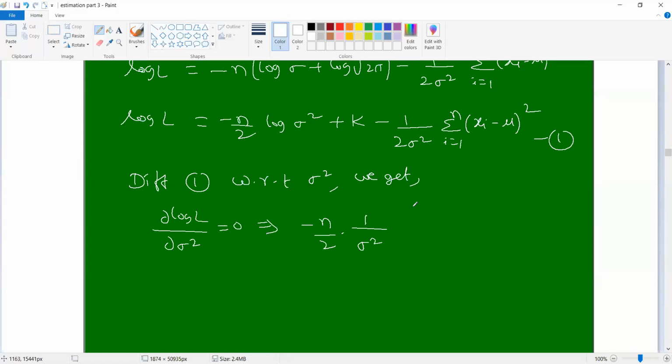Differentiation of the constant is 0. Minus, the summation i is equal to 1 to n xi minus mu whole square is purely constant, times 1 by 2, times 1 by sigma square, which is 1 by x. Differentiation of 1 by x is minus 1 by x square, that is, minus 1 by sigma square whole square, equating to 0.